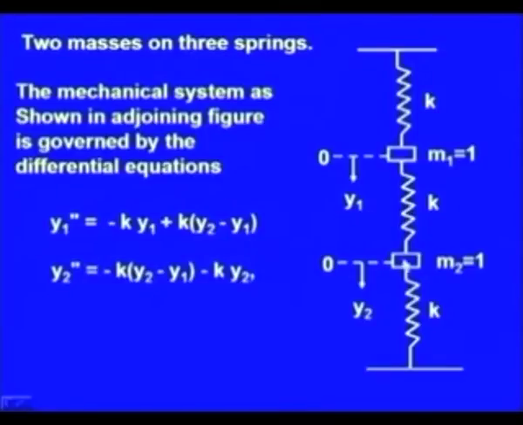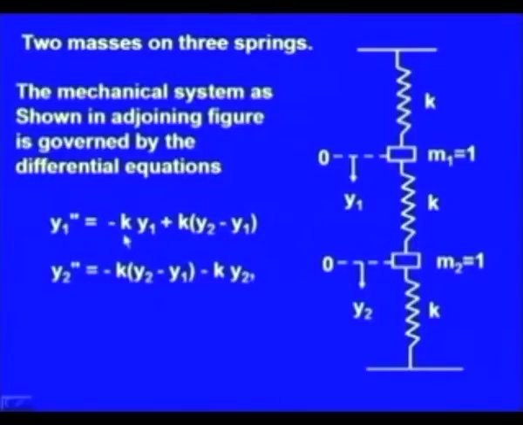So, then there is a displacement y2 in this mass at time t. So, the net resultant displacement in the spring for the mass m2 will be y2 minus y1. So, for this lower spring, k times y2 minus y1 will act upwards for the mass m1, while for the mass m2 k times y2 minus y1 will act upwards and also k y2 will act upwards.